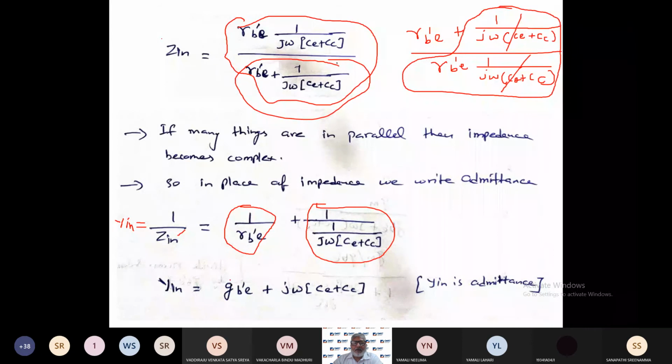So R B dash E in terms of conductance we can write as G B dash E, right? And this we will take at the numerator side, so you will get plus j omega CE plus CC. Okay, and here Y in is admittance. So this we will get as the expression.